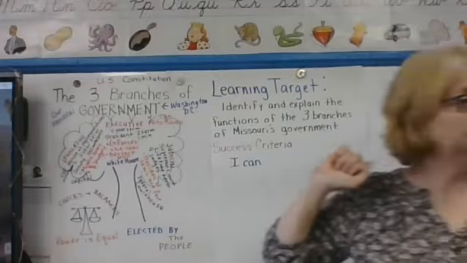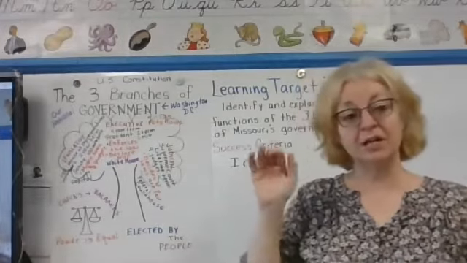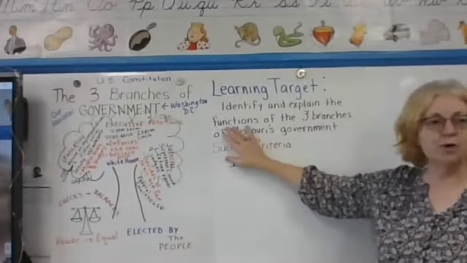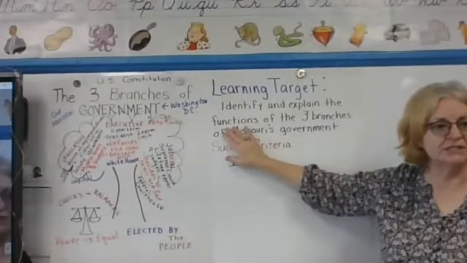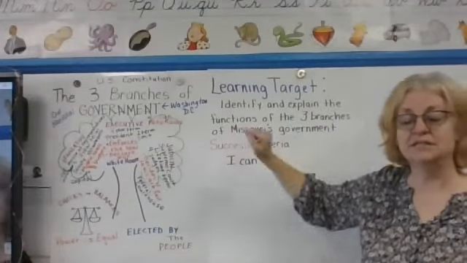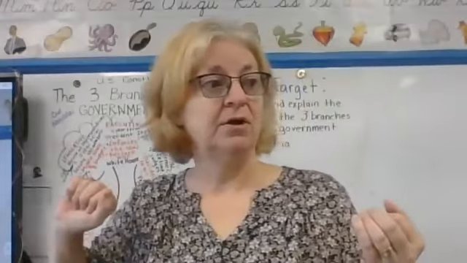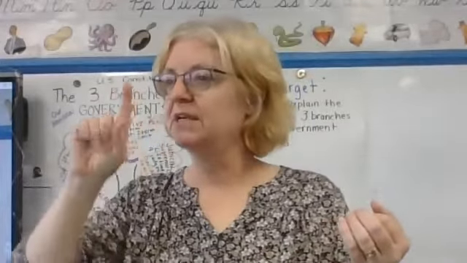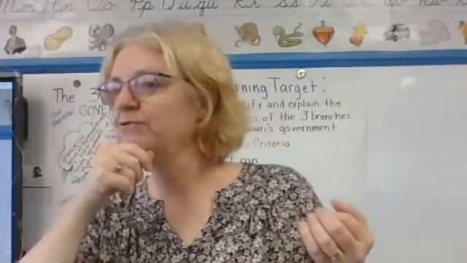Audrey? Okay, so we're going to tell about the 3 branches. And more specifically, we're going to tell about this word functions. What does functions mean? Cecilia? Okay, it's both the way it works and Avery.